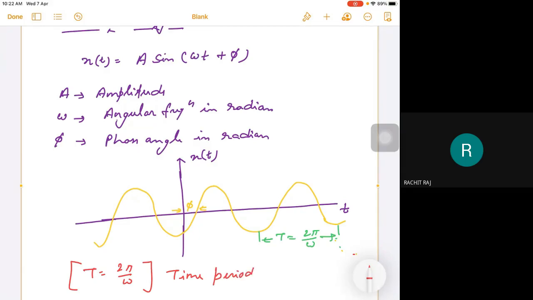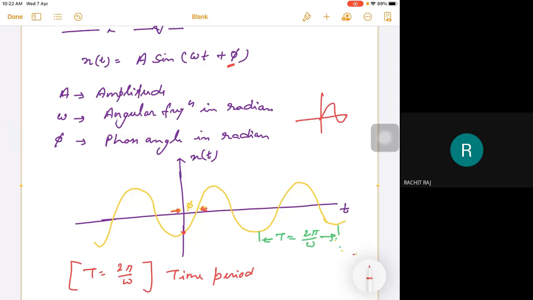Now suppose this phi is 0, if you take the value of phi as 0, then the signal is going to start from this point. I'm just considering a generalized phi with some value, so that's why it is starting from this point. Please keep this in your mind.